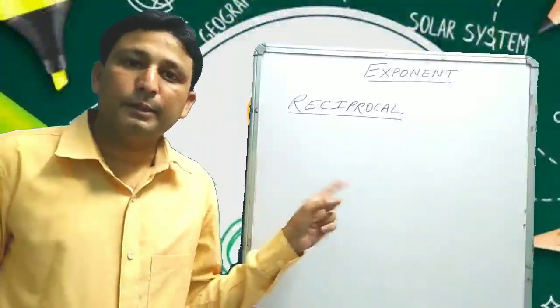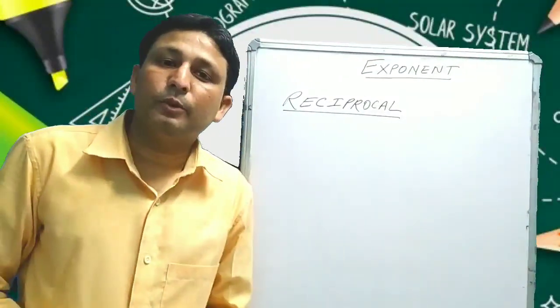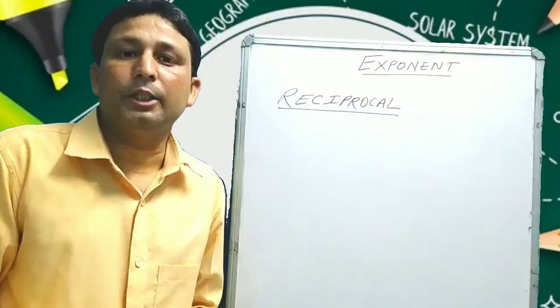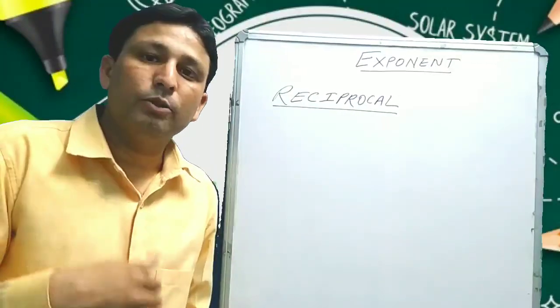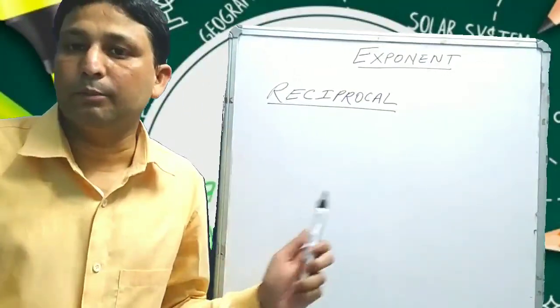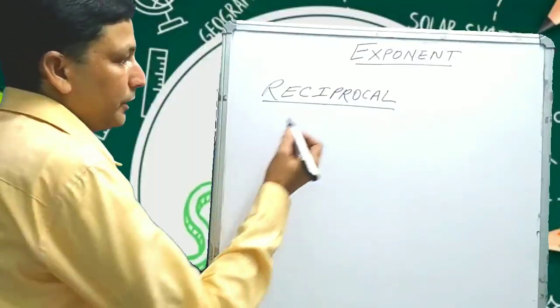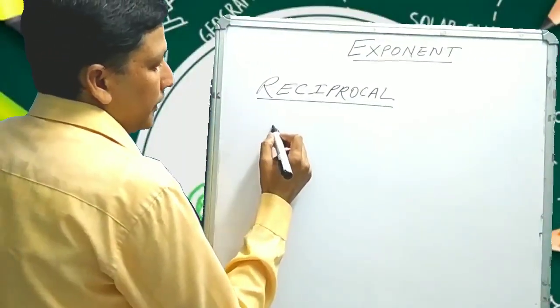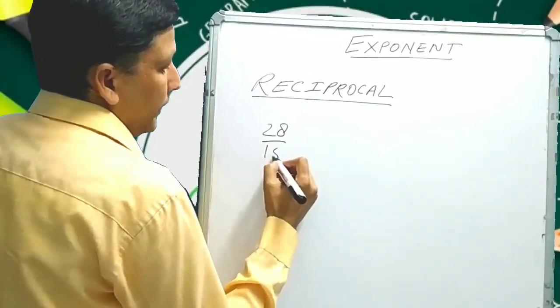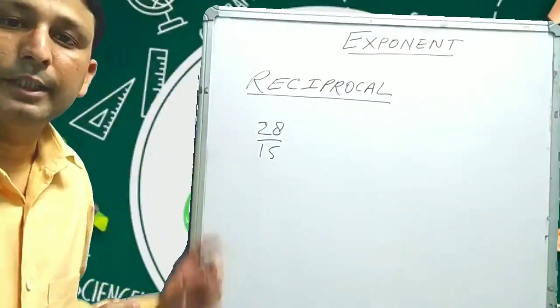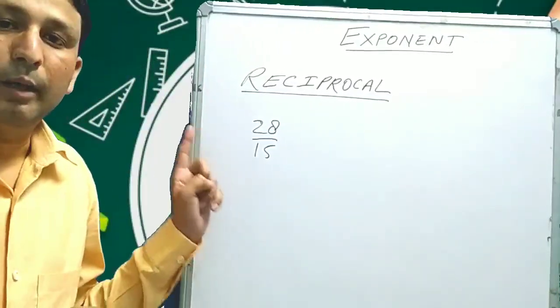Now next topic is reciprocal, and I have taught you about reciprocal: when you convert numerator to denominator and denominator to numerator, this process is known as reciprocal. Let's take an example for understanding this topic. 28 upon 15, and here you have to find the reciprocal of 28 upon 15.